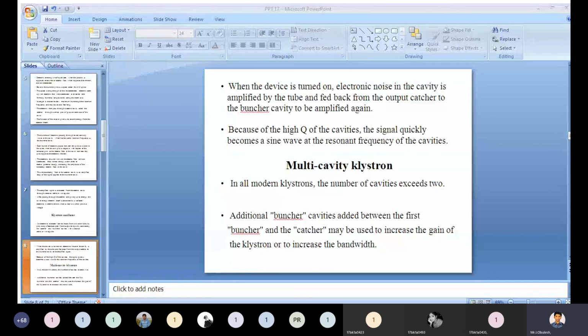Klystrons can be found at work in radar, satellite and wideband high power communication, medicine and high energy physics. At SLAC, for example, klystrons are routinely employed which have outputs in the range of 50 megawatts and 50 kilowatts at 2856 megahertz. So these are the applications that we have.